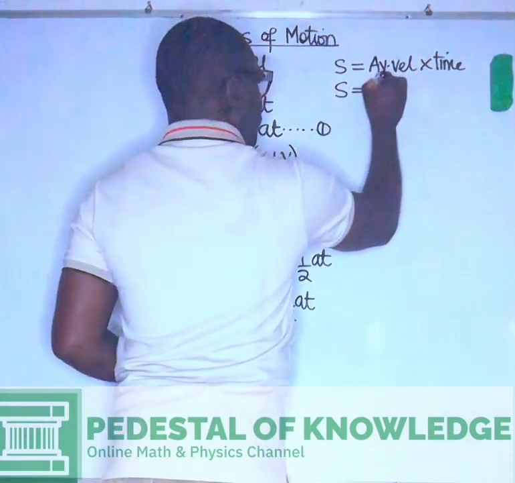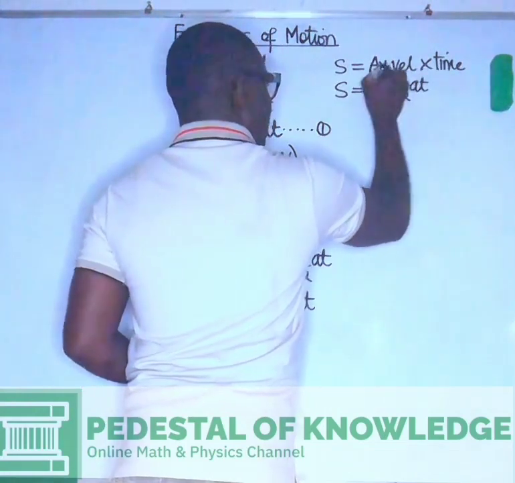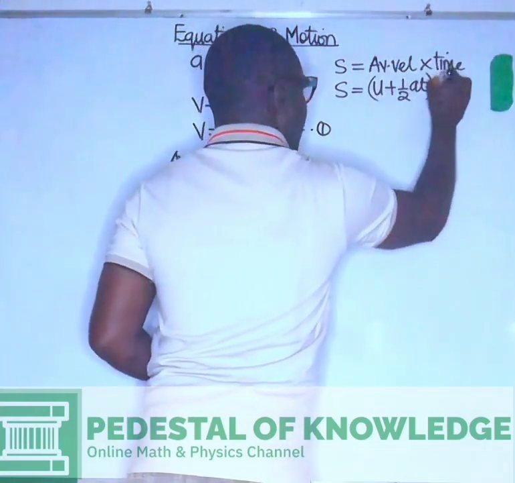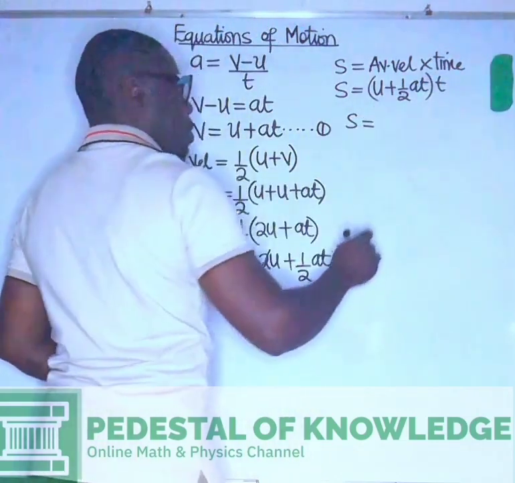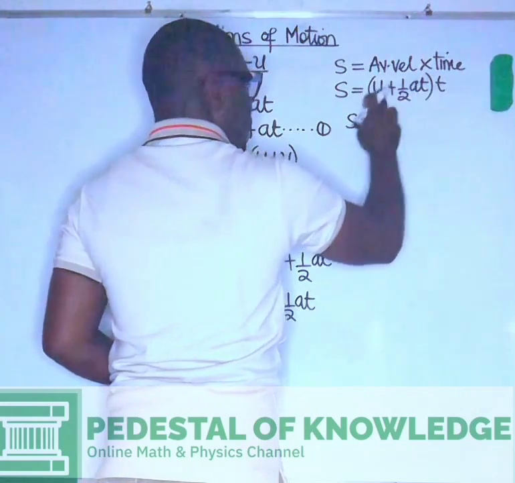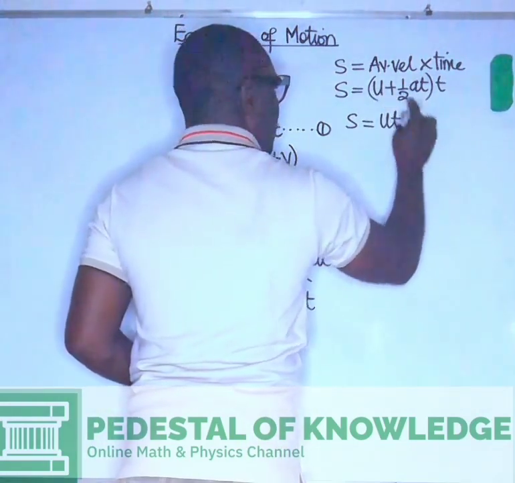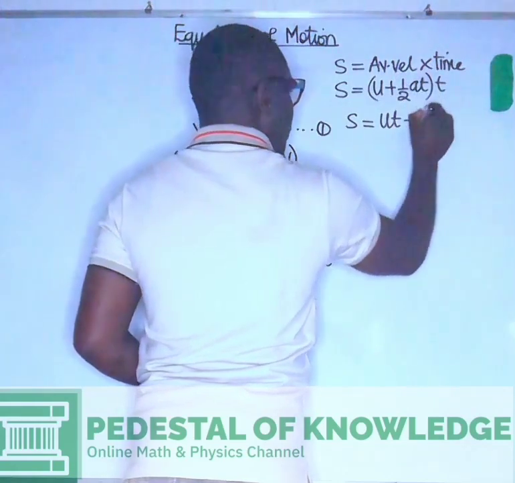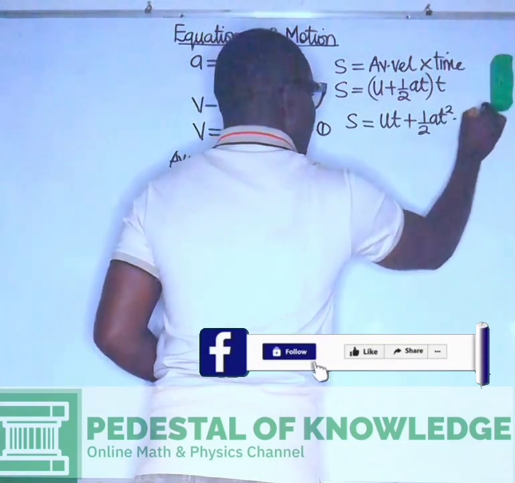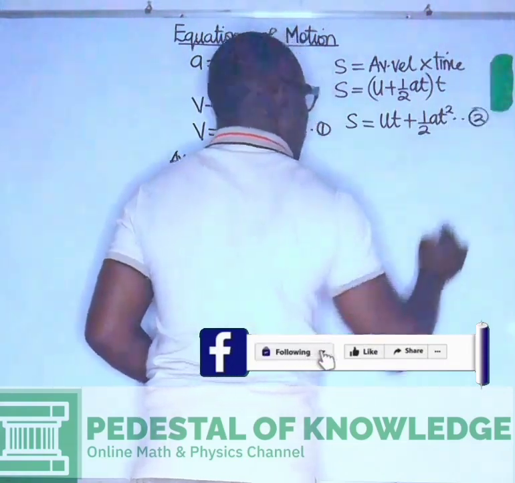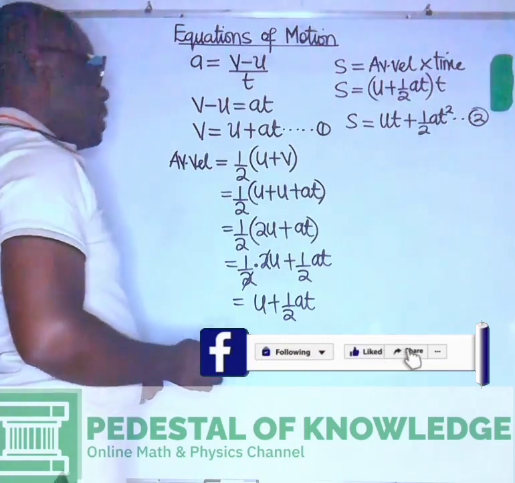So we have u plus half at multiplied by the time t. Okay, now s is equal to t times u will give us ut plus half at times t will give us half at squared. This is the second equation of motion. S equal to ut plus half at squared.